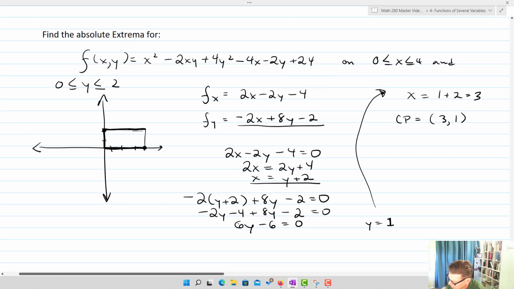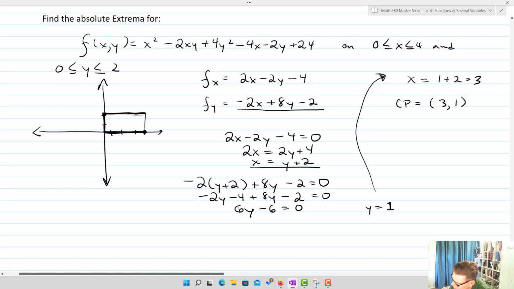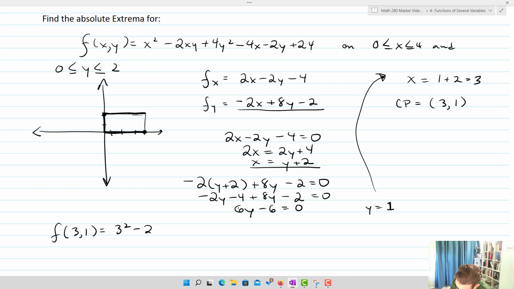That's a critical point, so I need to figure out the value of the function at that critical point. f of 3, 1 is going to equal 3 squared minus 2 times 3 times 1 plus 4 times 1 squared minus 4 times 3 minus 2 times 1 plus 24.